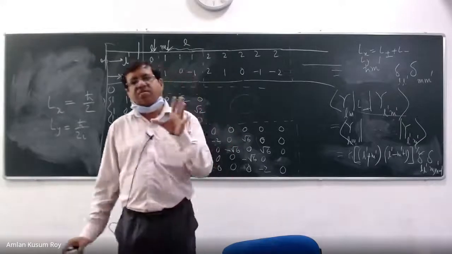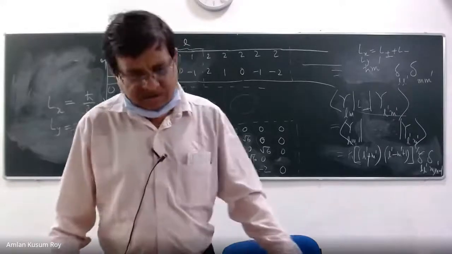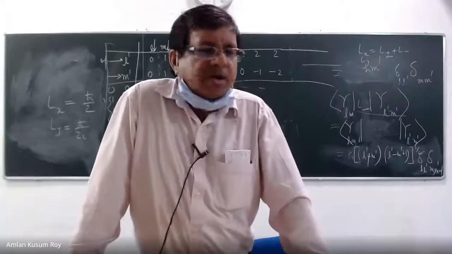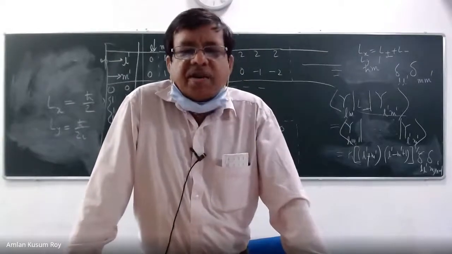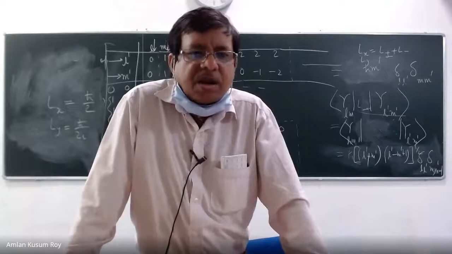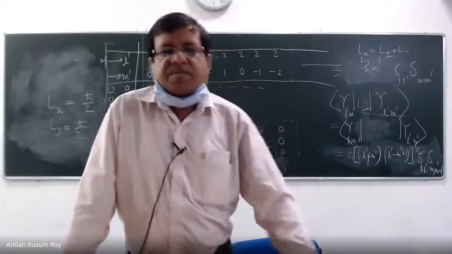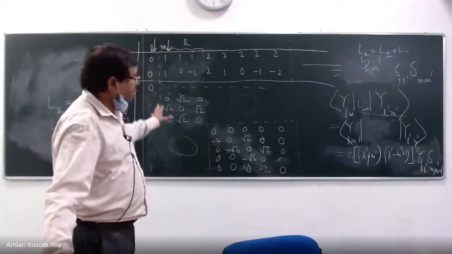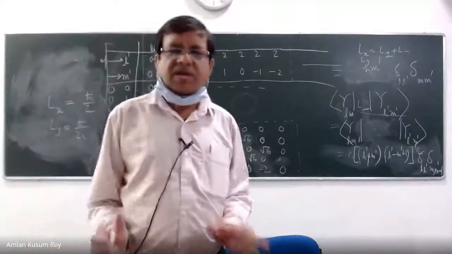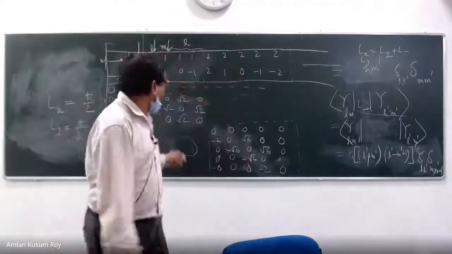Now this I did for the L operator. The moment you did it for the L operator, you also have a feeling for the S operator. A similar mechanism can work for the S matrices too, and the numbers will come out very similar.